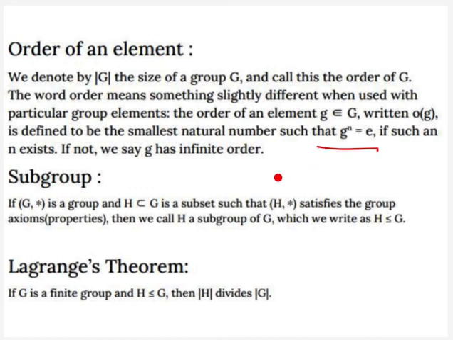Now the next thing is, what is a subgroup? A subgroup is like a subset. If G comma star is a group, and H is a subset of G, then H comma star will be called a subgroup of G comma star if and only if H comma star is also a group.